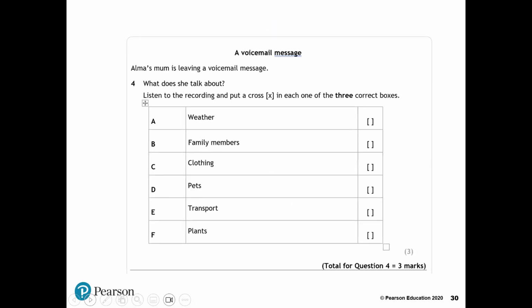And it's one of those 3 option, tick 3 boxes, multiple completion type questions that we saw earlier on.